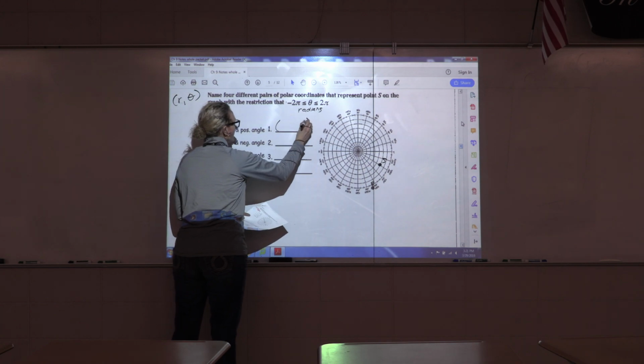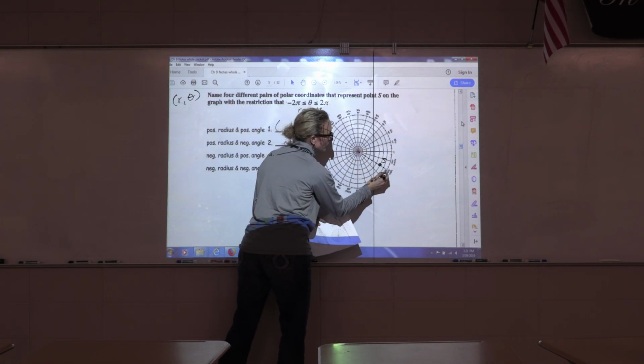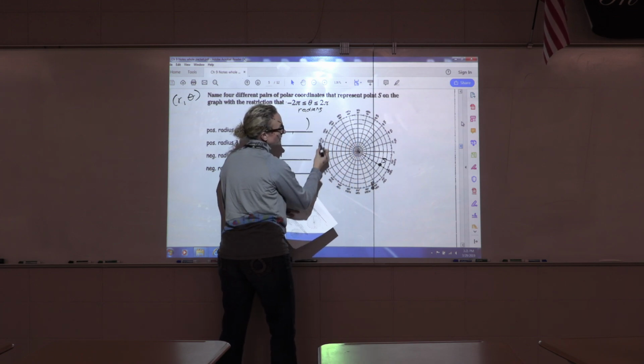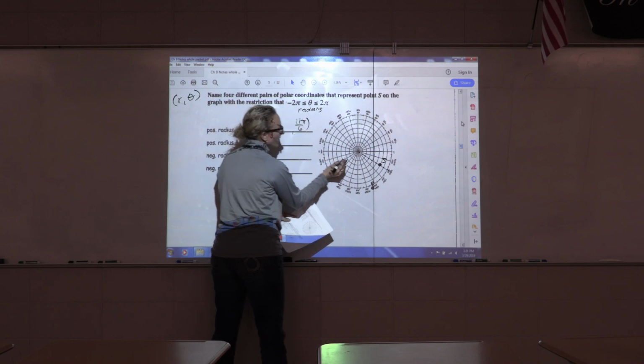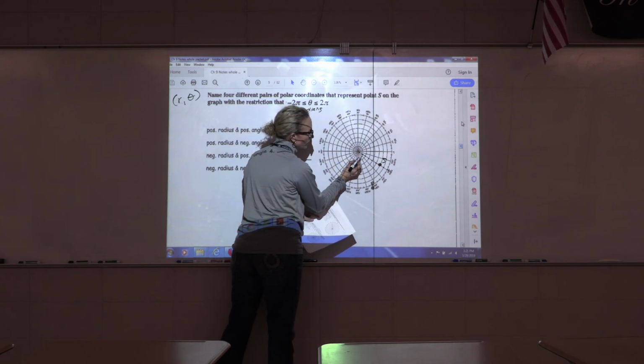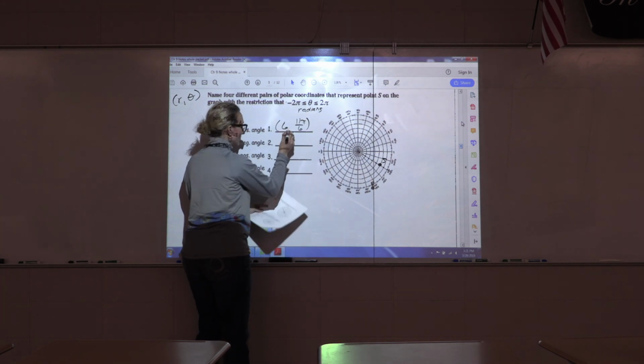Okay, so the first one is the easiest one. Positive, so you want to be right here on this terminal side. So positive 11 pi over 6 radians. And out how many rings? How many radius? 1, 2, 3, 4, 5, 6. 6 ticks.